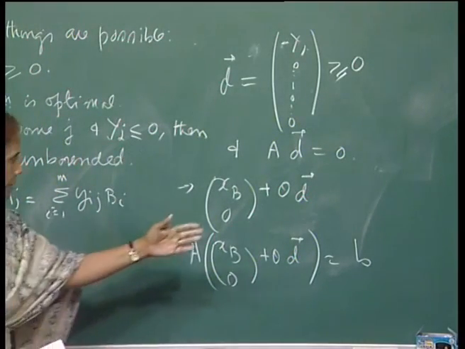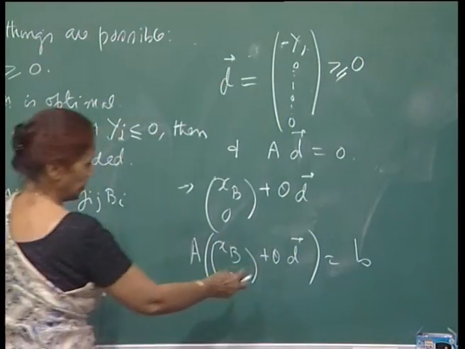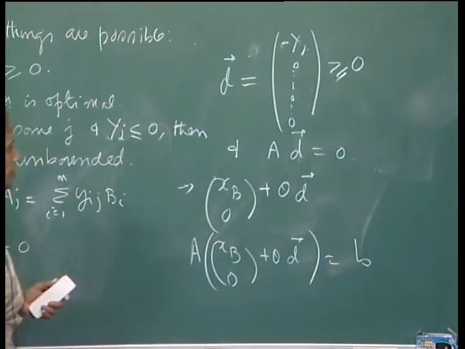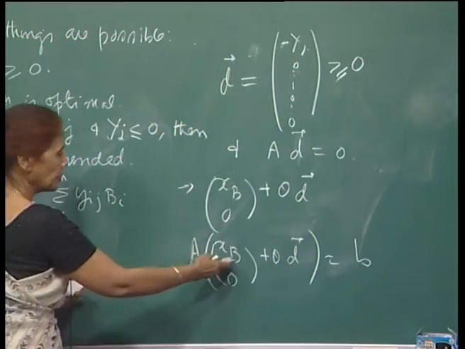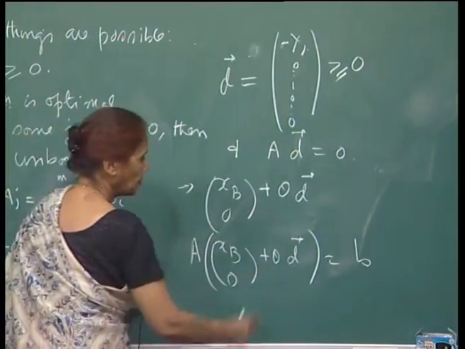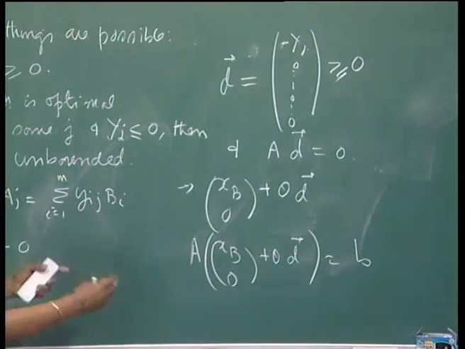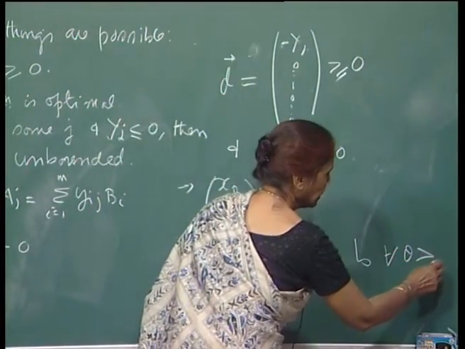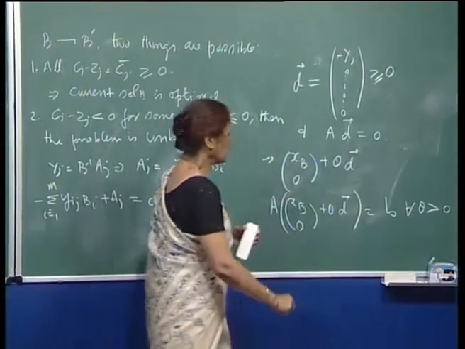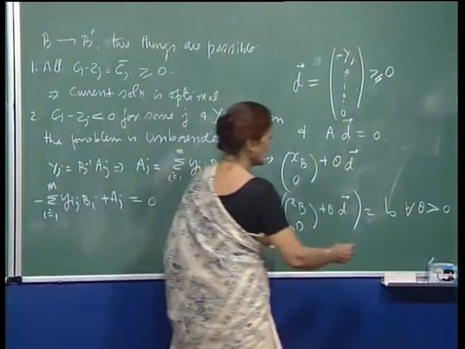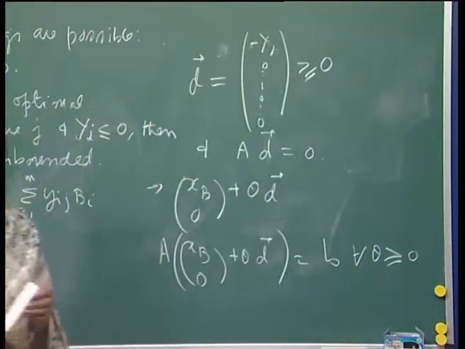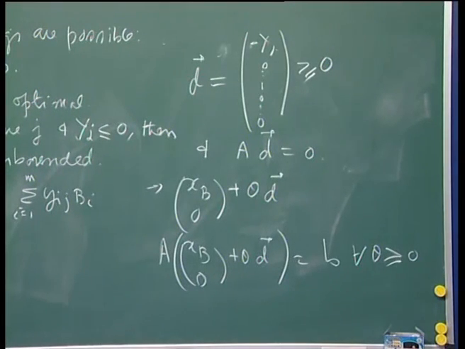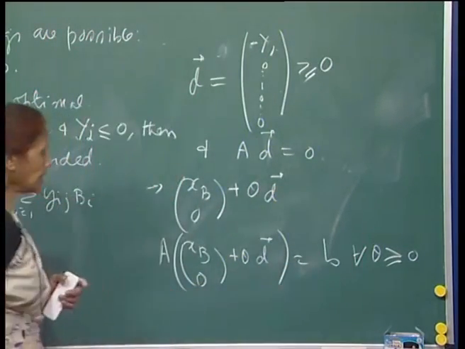So, this is equal to B, and the components here, as I have shown you, are all non-negative, because components of x b are non-negative, components of d are non-negative, and this is true for all theta greater than or equal to 0. So, you see that the solution remains feasible no matter what the value of theta. I can take theta as big as I wish and I will remain in the feasible region.